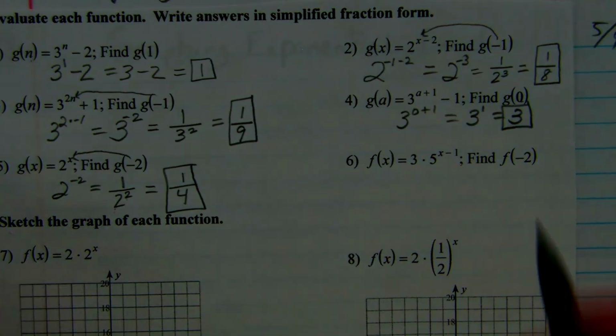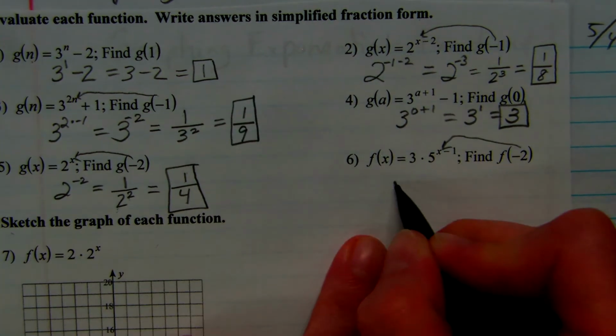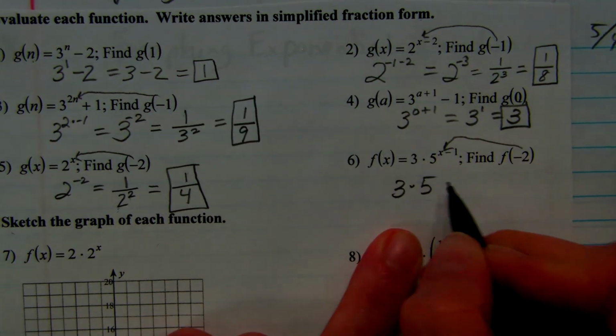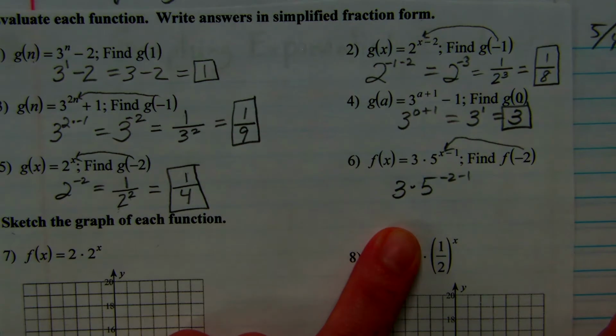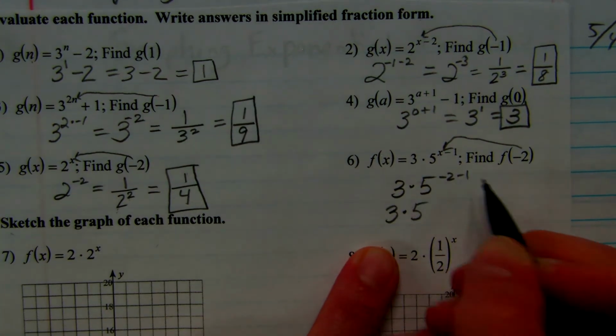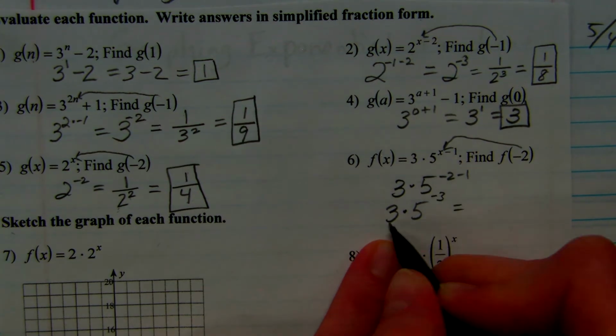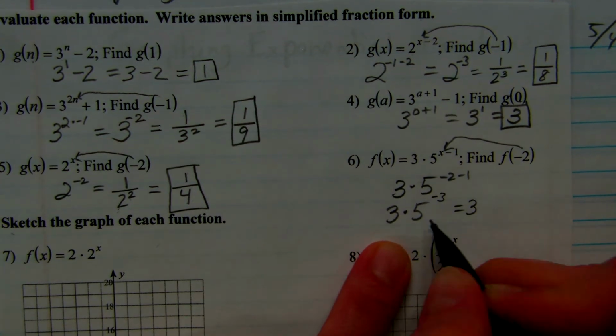It has a little bit extra math. So this negative 2 goes in where the x is. So I'm going to have 3 times 5 to the negative 2 minus 1 power. So we'll just do the power first. Negative 2 minus 1, I feel like we just did that. That's negative 3. So this 3 out in front is just going to sit there for a second.